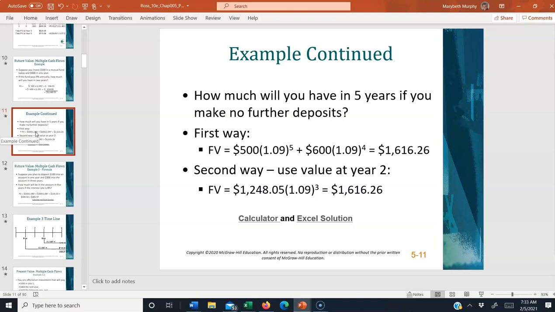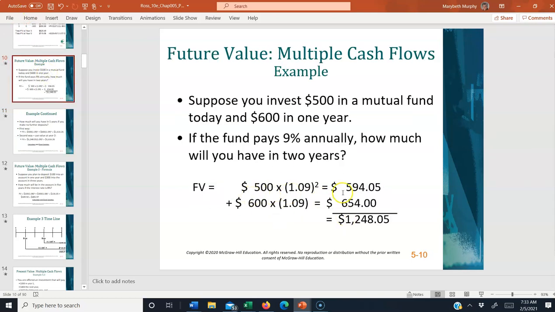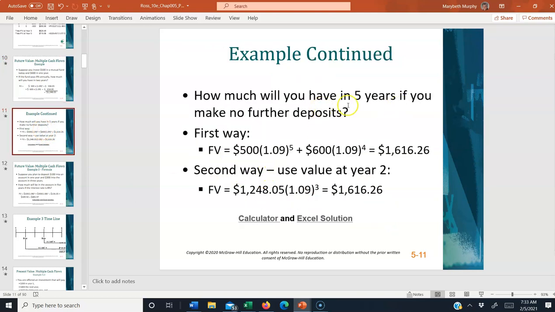Okay, so the first way, basically we're going to redo what we did back here, only we're going to adjust it for the number of years. So if there are 5 years, the $500 will earn 5 years worth of interest, and the $600 will earn 4 years worth of interest.